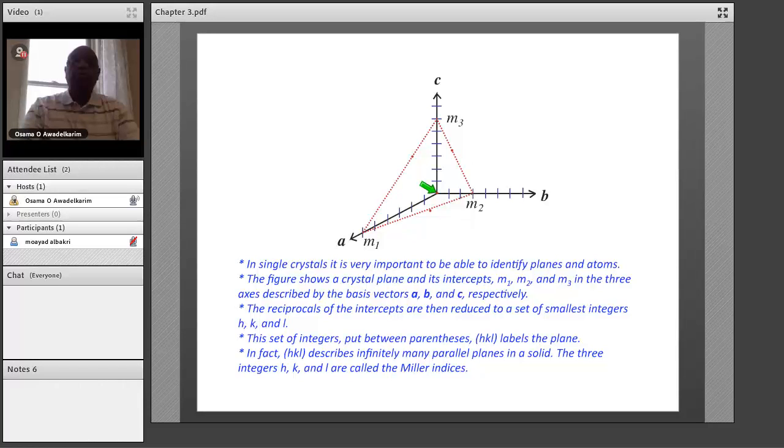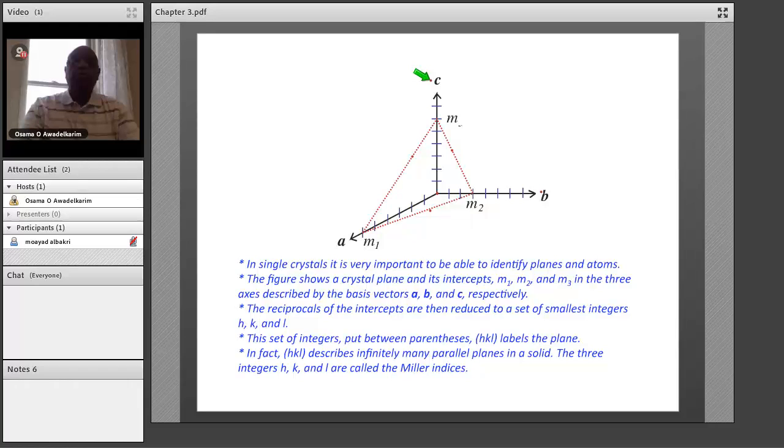If we translationally move from one origin to another, we still have the same representation for planes and directions. So let's assume that we choose this point as an origin, and then we have our a, b, and c basis vectors. And now we have this plane.